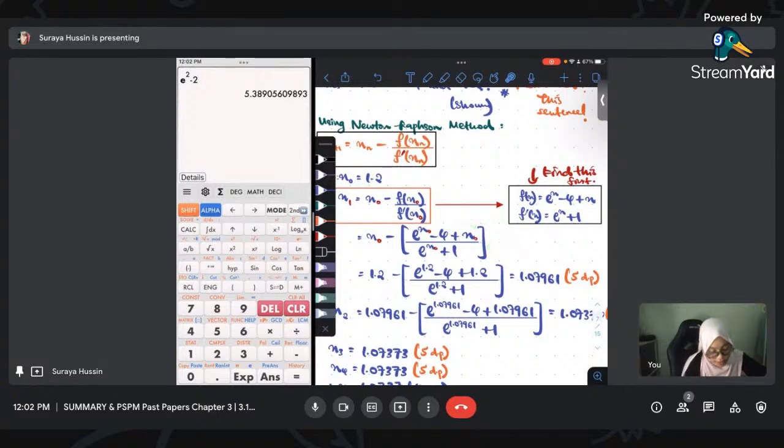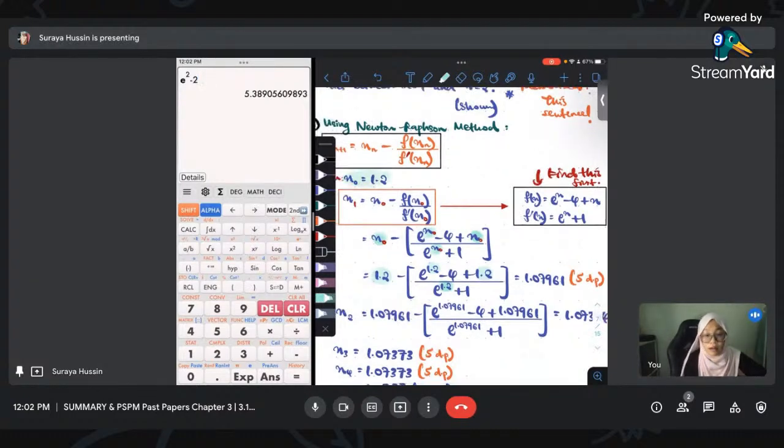And after that, you know how to put in your first approximation, masukkan ke dalam X naught ini. Okay, dia sangat obvious. Dia hanya memasukkan sahaja. Tak terlalu susah pun. Masukkan saja ke dalam fx dan juga f prime kamu.